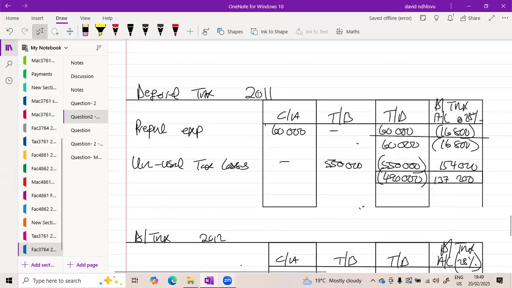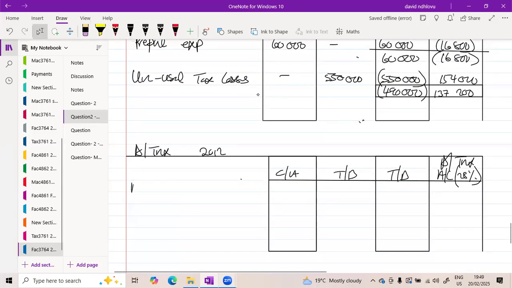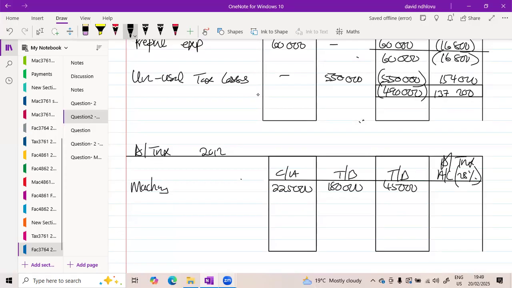Remember, nothing changed concerning the machinery, still the same example, just a small trick. So we still have 225,000 here and 180,000 here. 225,000 minus 180,000 gave us 45,000. 45,000 times 0.28 gave us 12,600, which is a deferred tax liability.